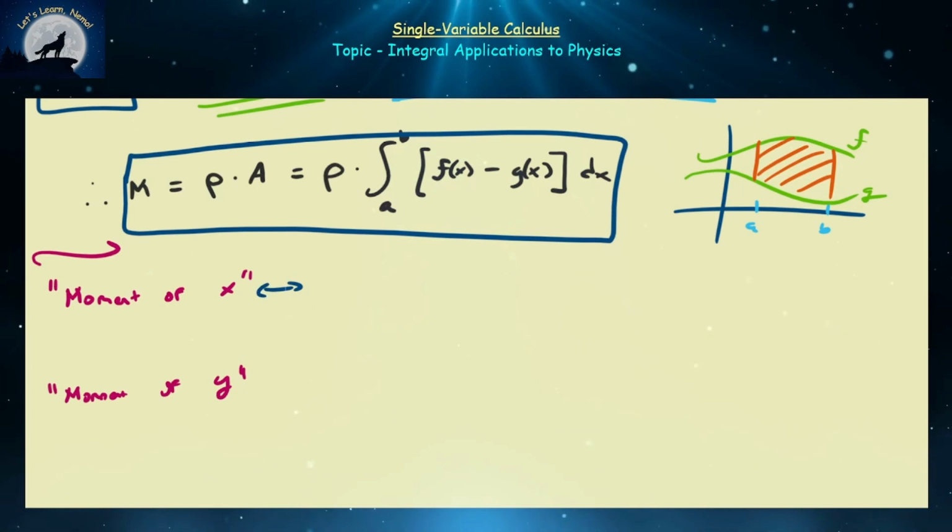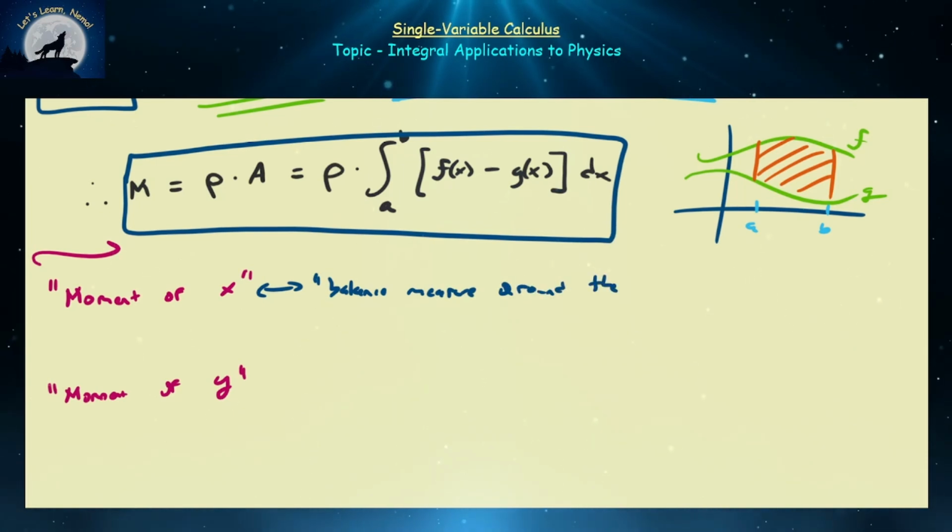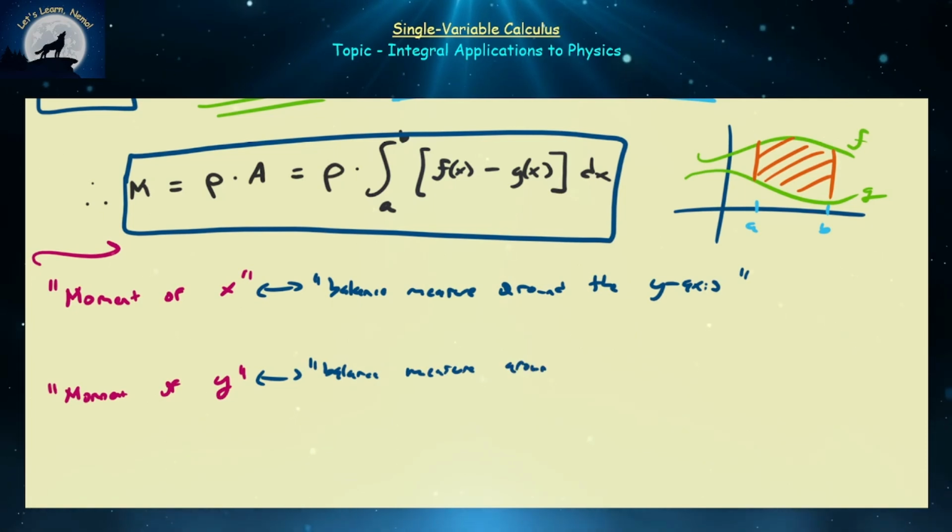So the moment of x is defined to be equal to the balance measure around the y-axis, and the moment of y will be the balance measure around the x-axis.